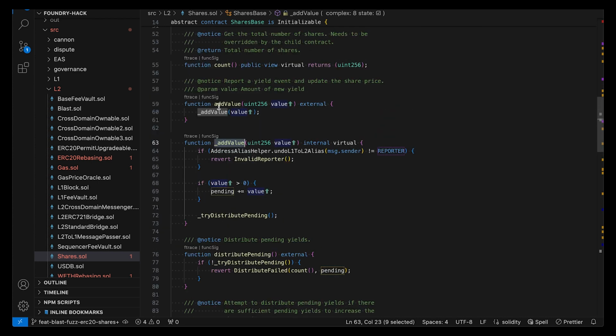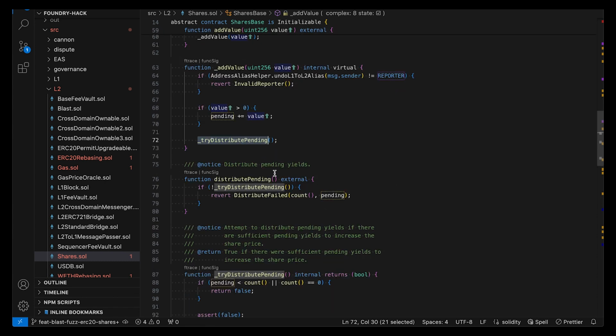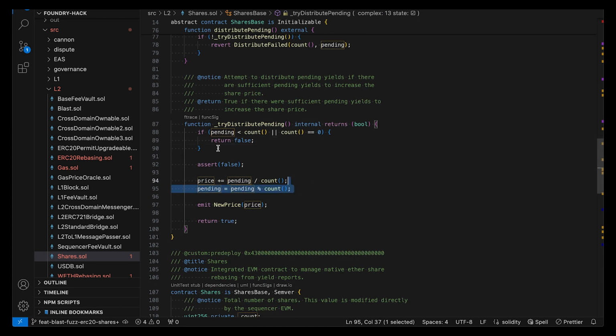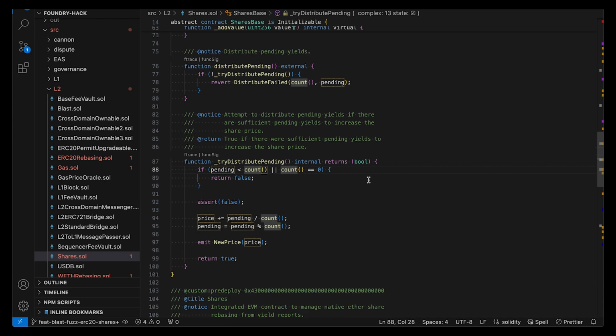Then we see this add value function, which is actually external, but internally it is blocked so that only the reporter can do it, while this try distribute pending is basically meant to possibly fail, as you can see. And I think this assert false I added as a way to verify that we will always meet this condition.